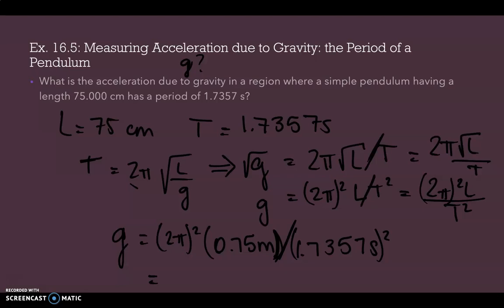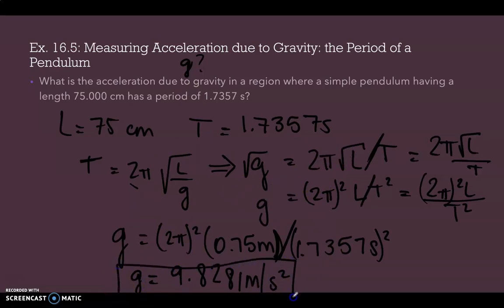Let's put that into our calculator: 1.7357 squared. And we get, believe it or not, 9.828, how many digits is this, 1, 2, 3, 4, 5 meters per second squared. So now this is our acceleration due to gravity in this region.